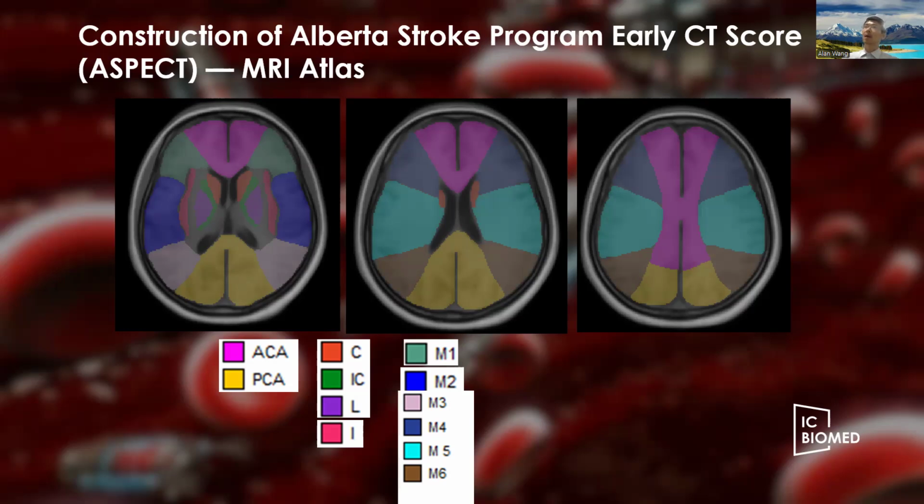But the ASPECTS original definition is based on CT. With the wider adoption of MR imaging data, we found that MR also needs this kind of atlas. So we developed an MR version of the ASPECTS. We call this the ASPECTS MR atlas.